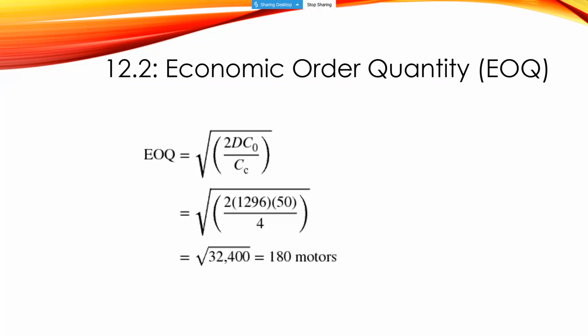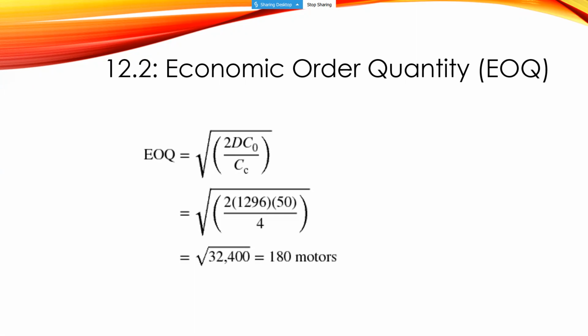So the company should order 180 motors each time, and you could figure out how many times you're going to order per year by taking your total demand and dividing it by 180. That tells you about, well, not quite 10. I got 1296 over 180, a little over 7 times a year.